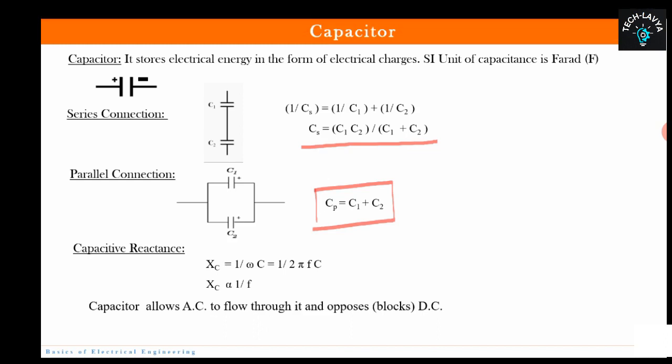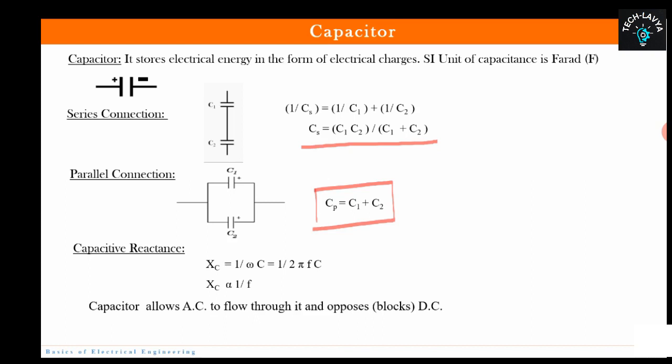So capacitive reactance is represented by XC, and it is given by 1 upon omega C. In case of inductor, it was omega L, but here it is 1 by omega C. So X is equal to 1 upon 2 pi fC, because omega is 2 pi f, right?